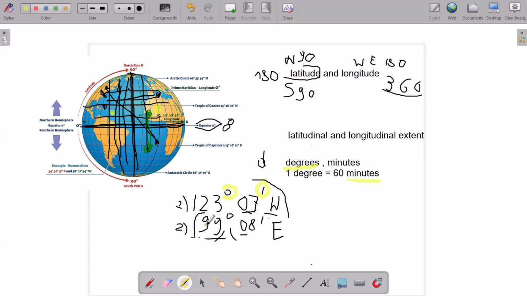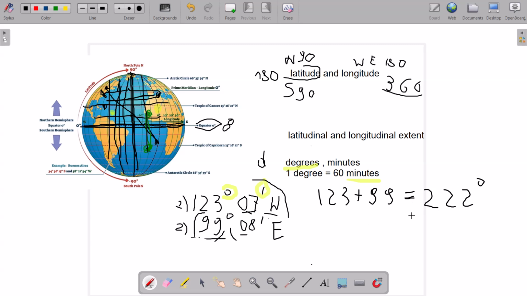So for this we will not deduct, we will add them together. It will be easy. Here we can just add everything together, so we will do 123 plus 99. How much is it? Equals 222, right? So we have 222 degrees extent. They are very far away from each other.